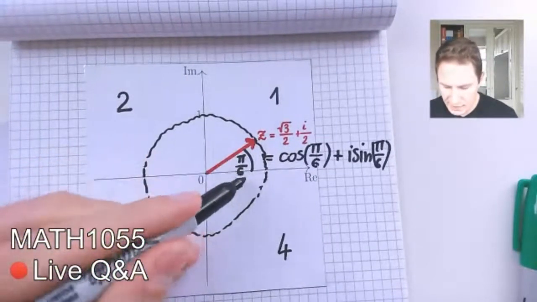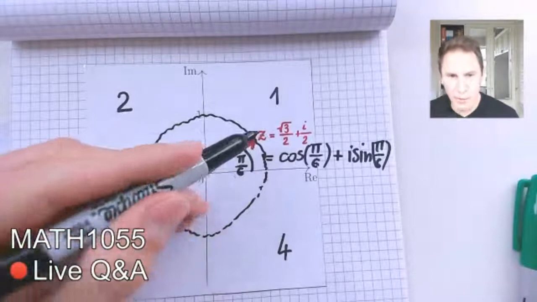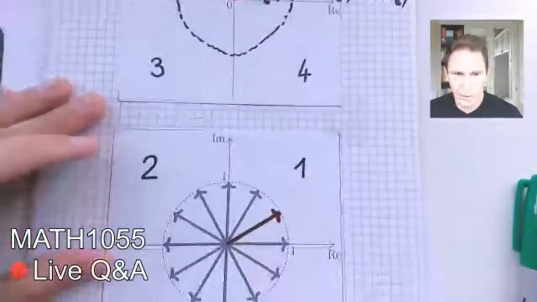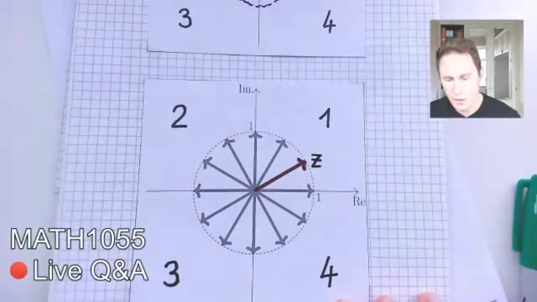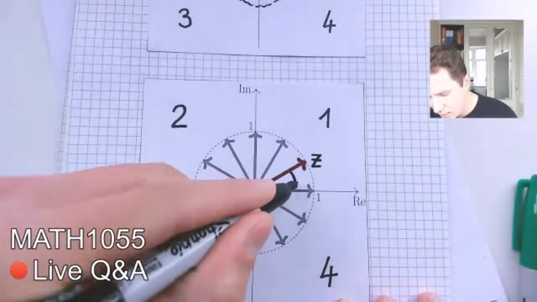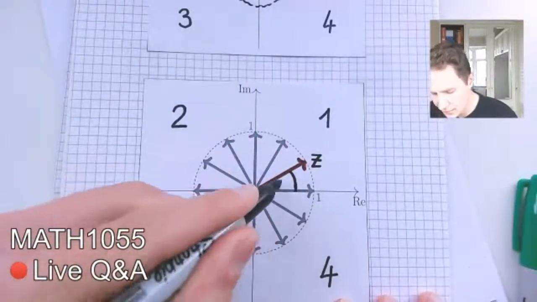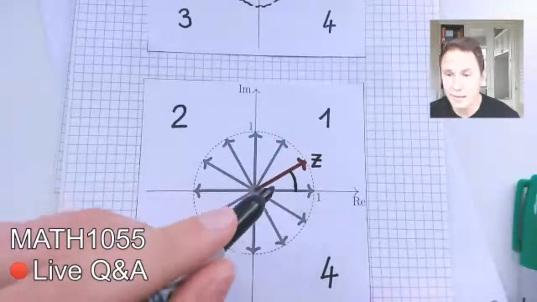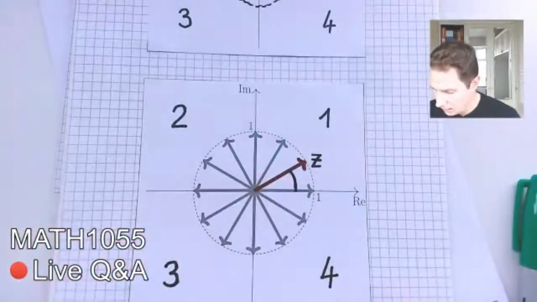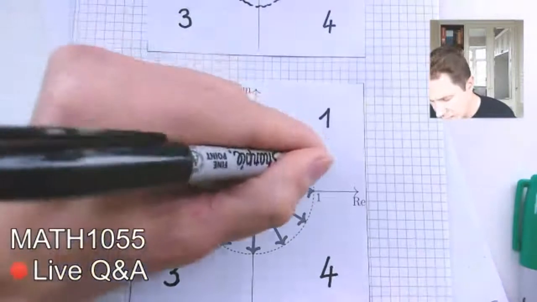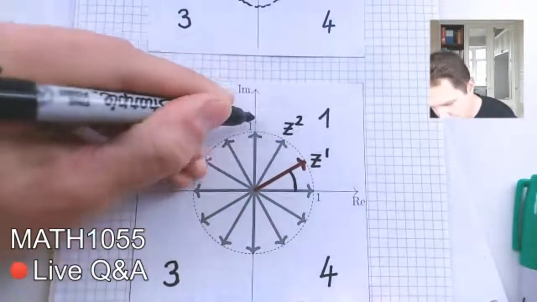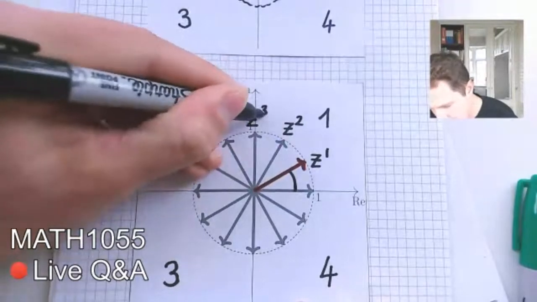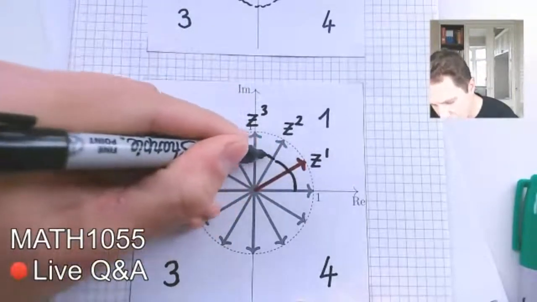The angle is pi/6, and when you raise it to the 10th power, so this is z, what you are doing is multiplying the angle by 10. When you take a complex number and raise it to the 10th power, it's going to pick up its own angle 10 times.